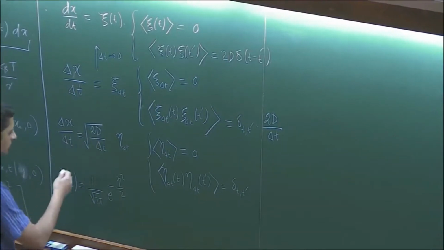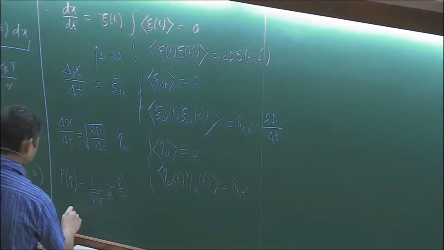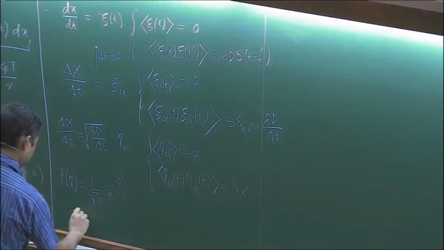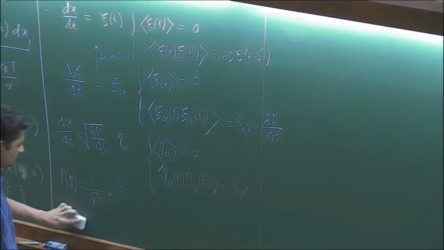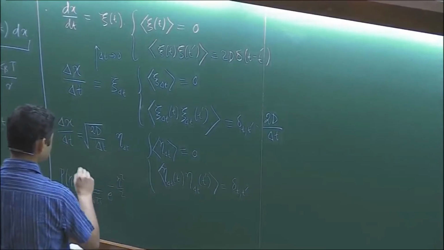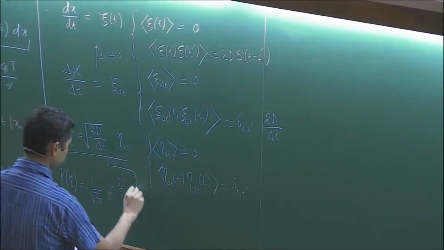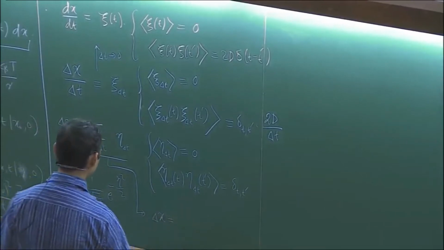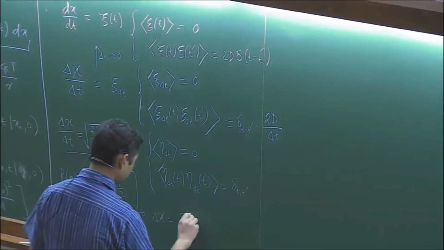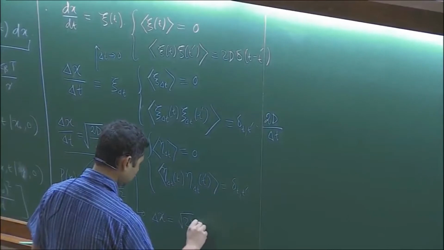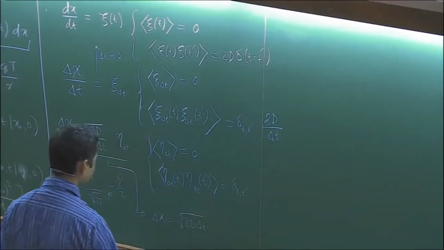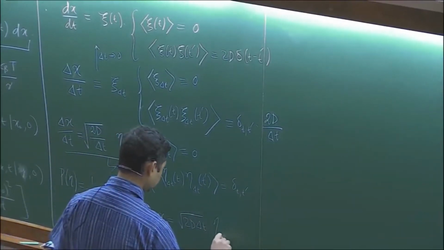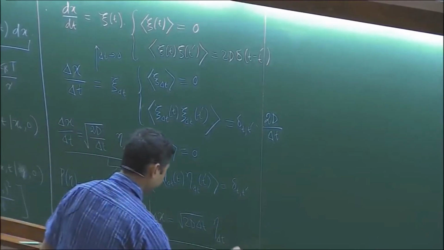So you see that equation you can now write as delta x. Let me just write it here. It is that delta x is equal to square root of 2D delta t eta of delta t, right?